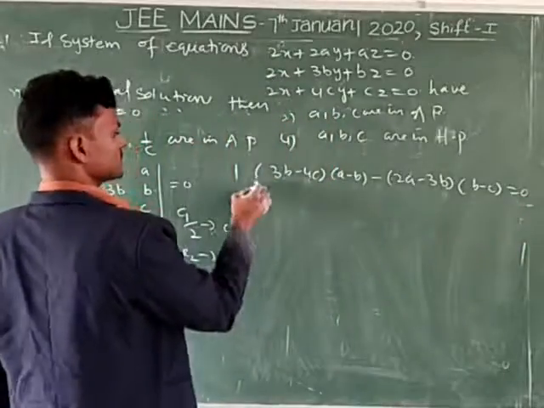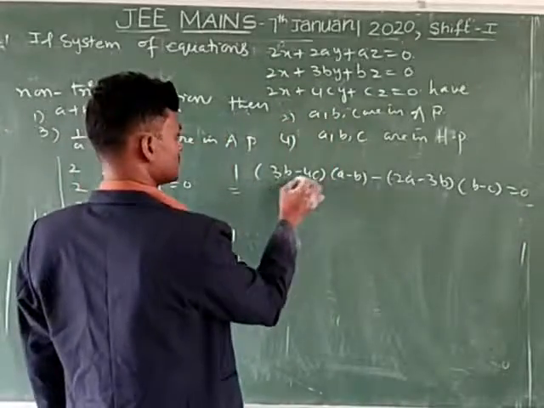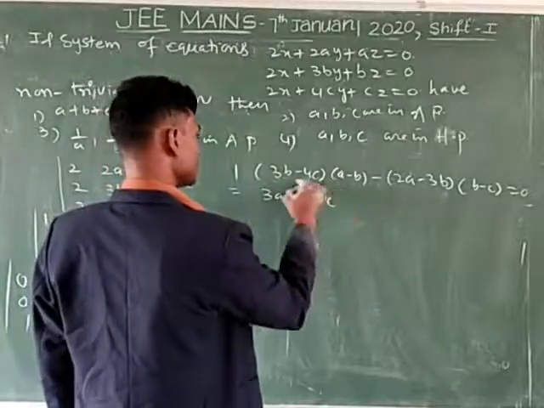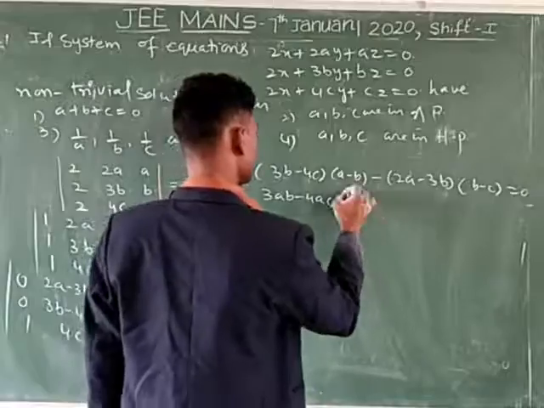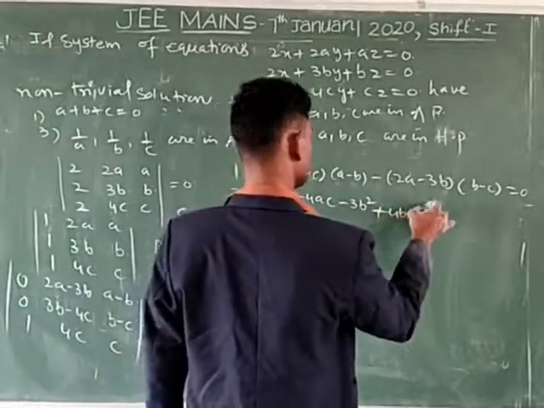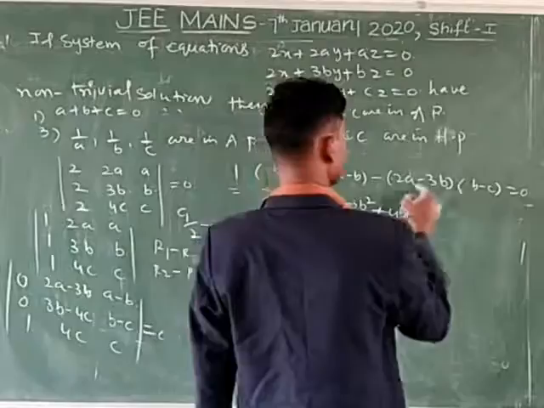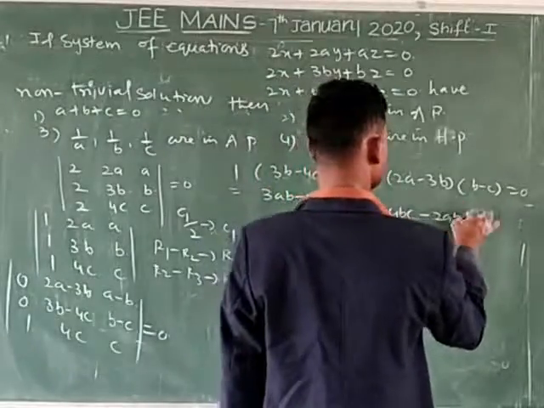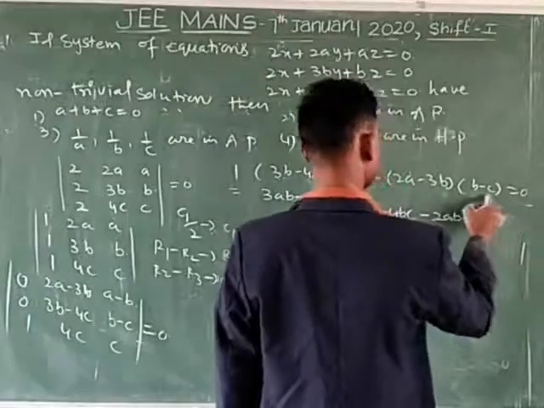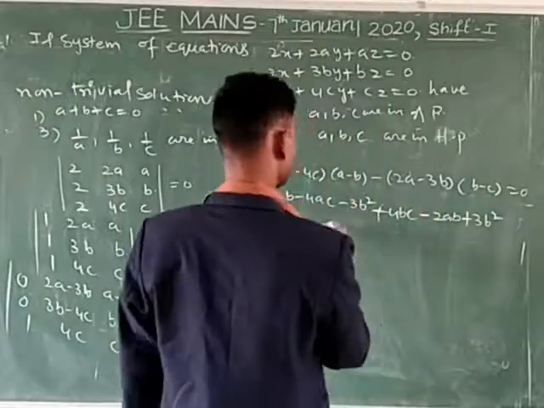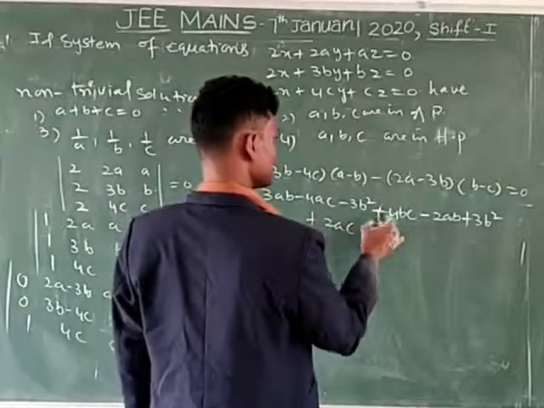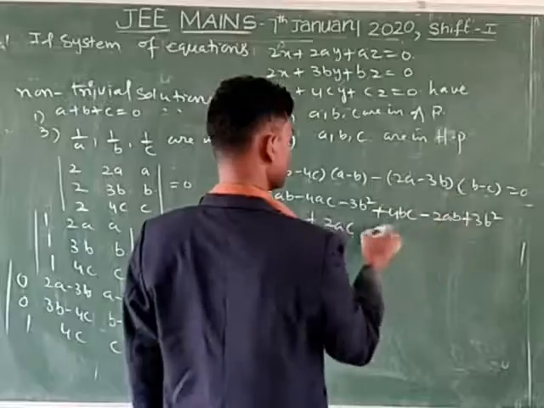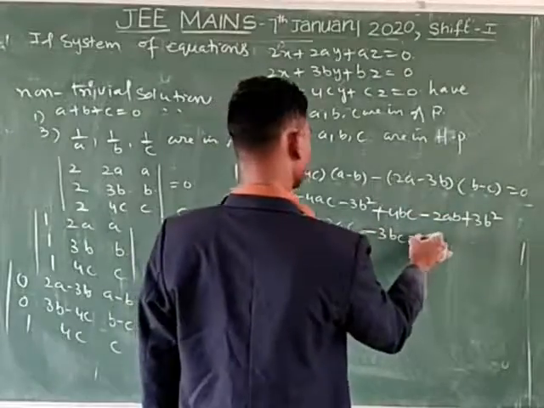Now see here: 3ab minus 4ac minus 3b square plus 4bc, and this one is minus 2ab plus 3b square plus 2ac minus 3bc is equal to 0.